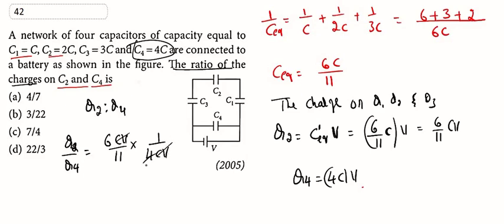CV gets cancelled, 2 2s and 2 3s. So the answer is 3 by 22. That is option B, the right answer for the 42 question.